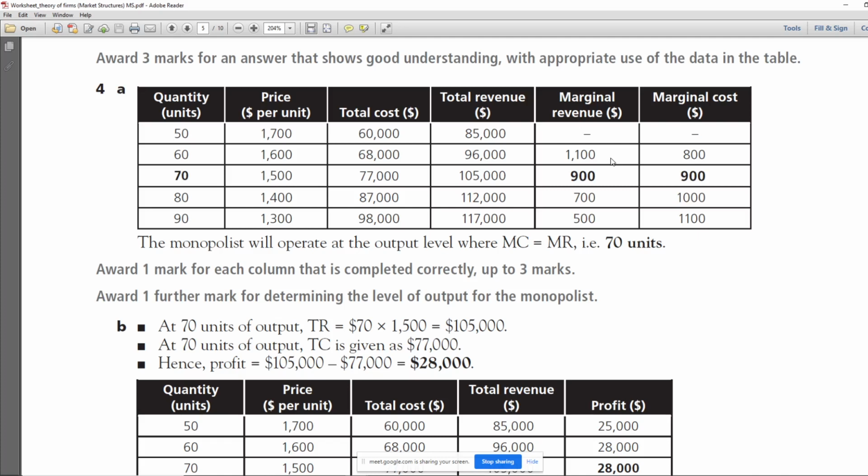Don't you think? Any disagreement? Here, when you talk about marginal revenue and marginal cost, are they missing a zero?